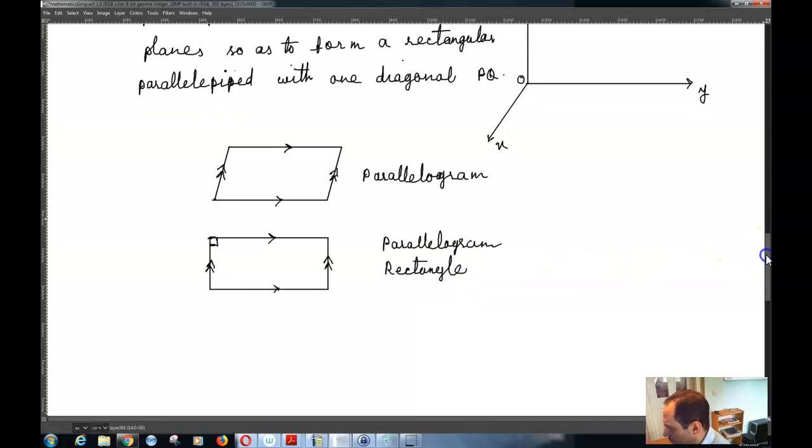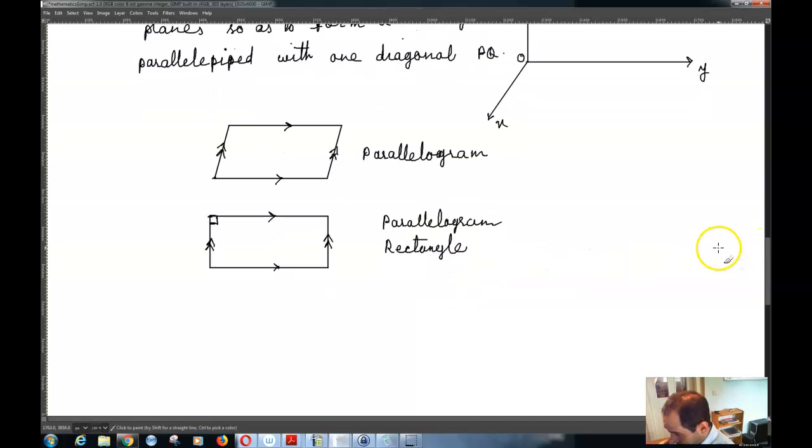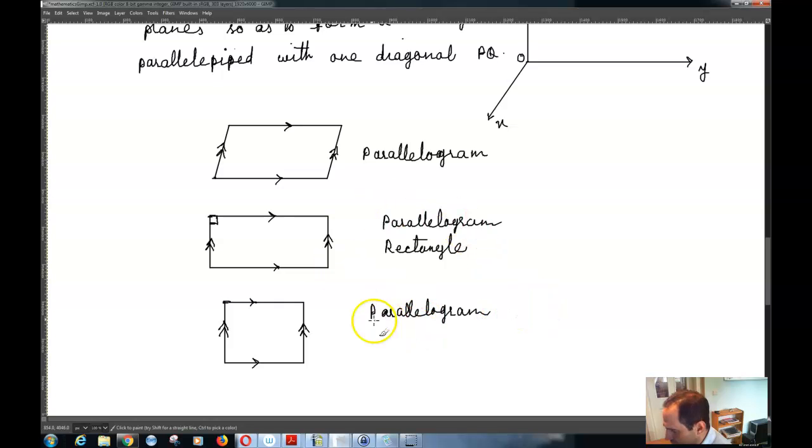And also this would be a parallelogram. This is also a parallelogram. This side is parallel to this side, and this side is parallel to this side. So this is also a parallelogram, which is incidentally, of course, a cube as well.